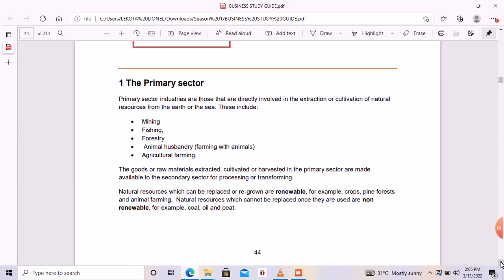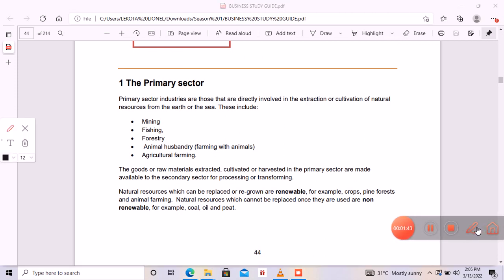So now let's talk about the primary sector. What is it that you know about the primary sector? We have learned that the primary sector is where the raw materials are extracted or cultivated from nature so that they can be sold to the secondary sector, and then the secondary sector can produce those into finished goods or semi-finished goods to be sold to the tertiary sector.